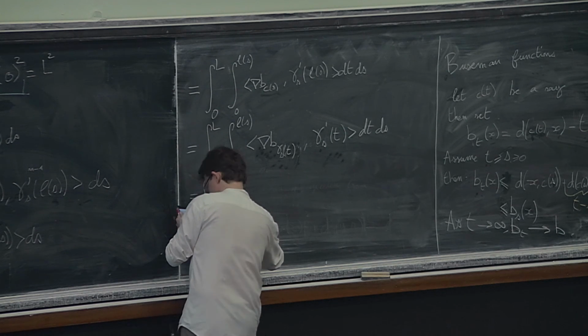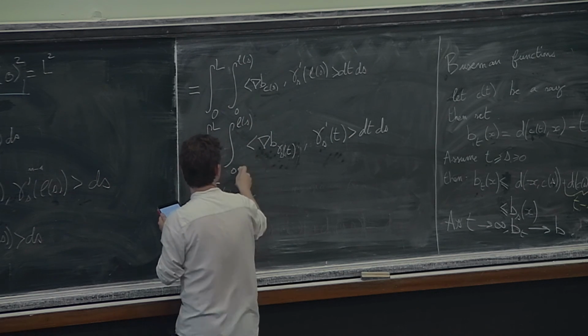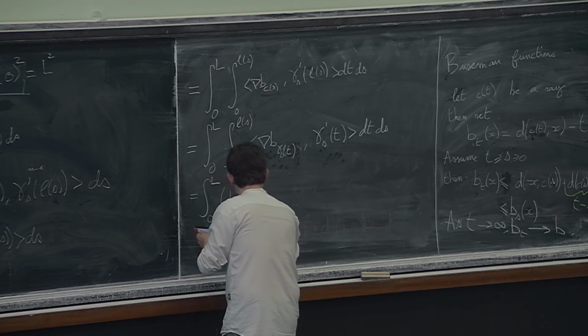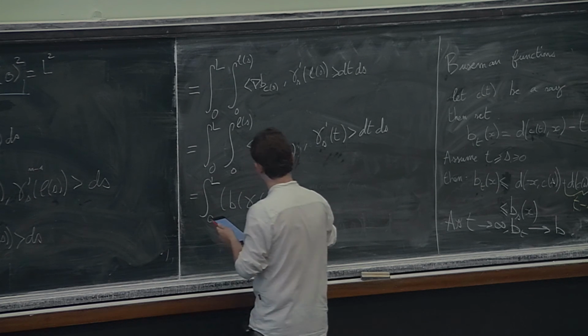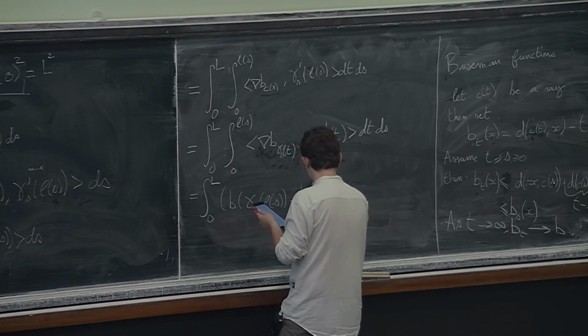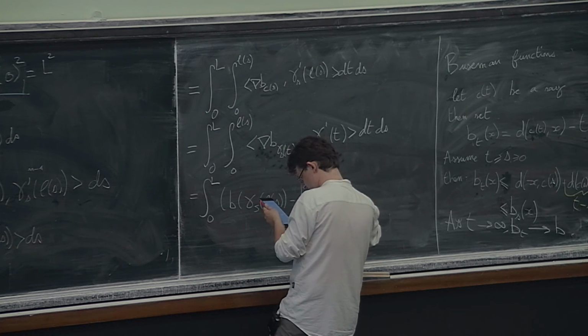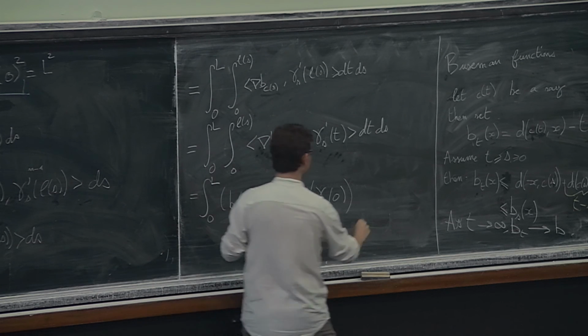So B of gamma s computed at L of S minus B at gamma s of 0, ds.